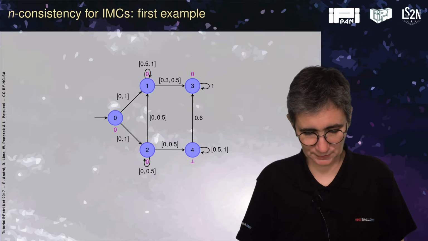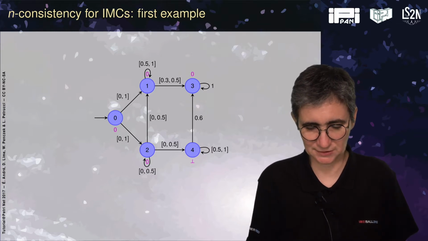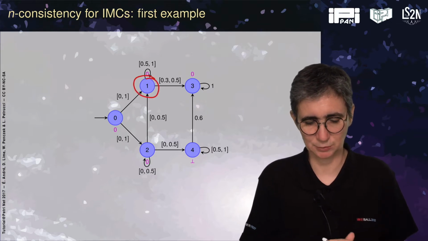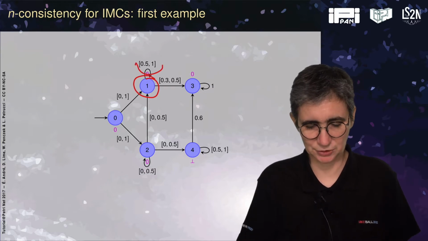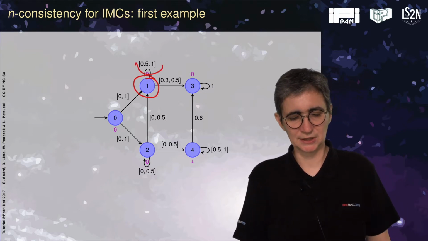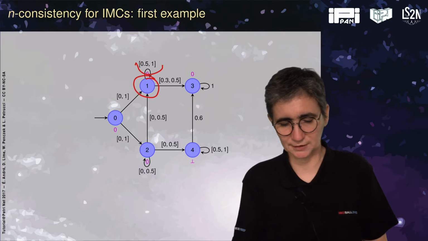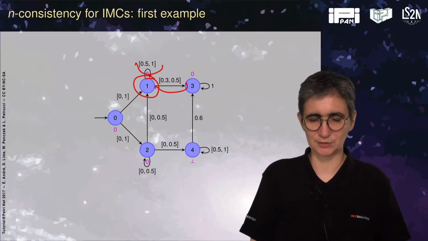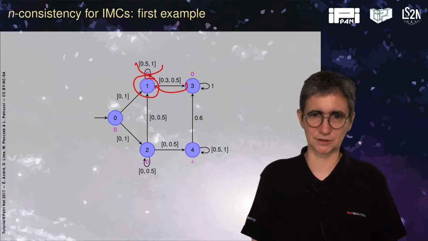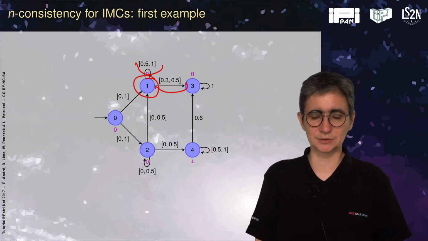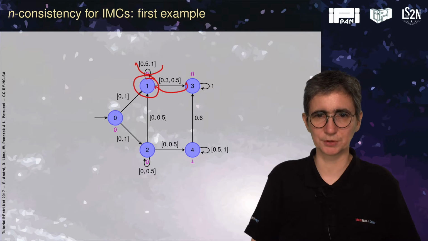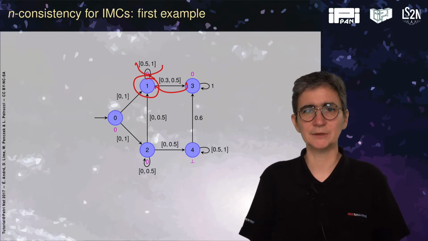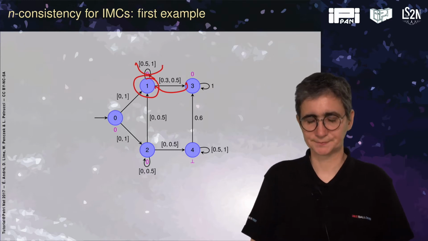So, for example, if I consider state 1, here I have to choose a probability between 0.5 and 1, and here a probability between 0.3 and 0.5, such that the sum is equal to 1.